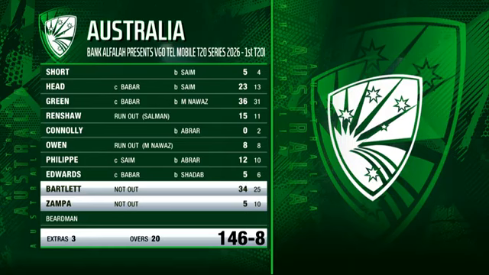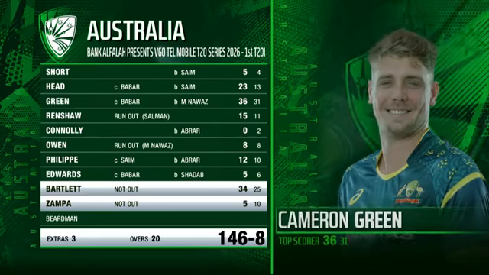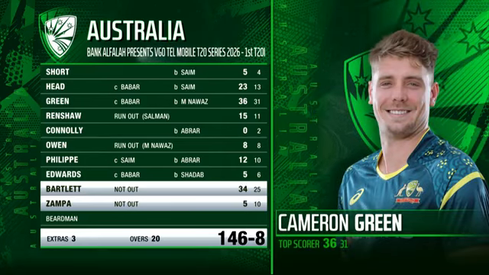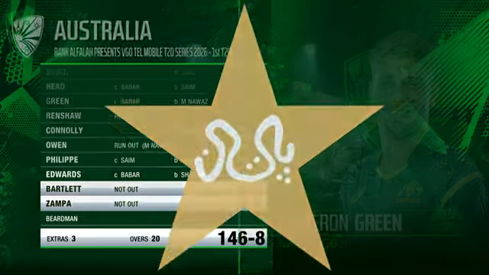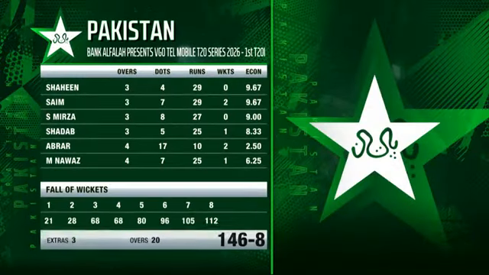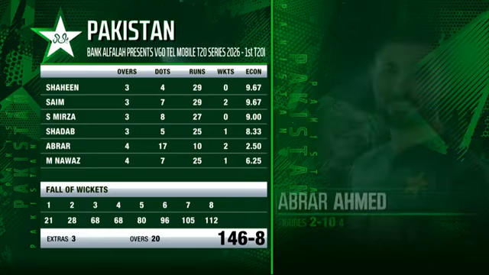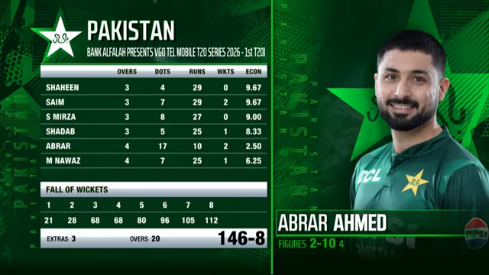They could only get 146 for 8. Green with a 36 off 31, and the rest didn't really come to the party. Bartlett with a 34 not out, but by the time, it was all too late for Australia to bounce back with the bat. It was all about the spinners. Saim Ayub 2 for 29, Shadab 1 for 25, Nawaz 1 for 25, but it was Abrar Ahmed, 4 overs, 17 dot balls, 2 for 10, just going at 2.5s in a T20 game.